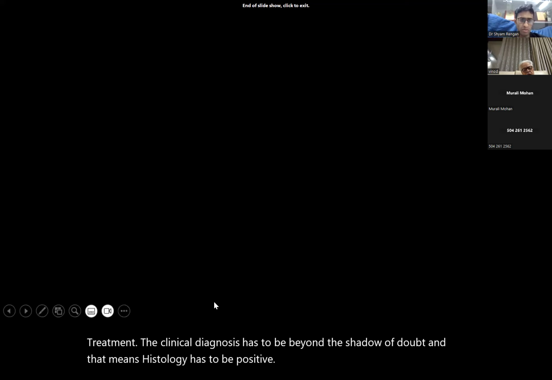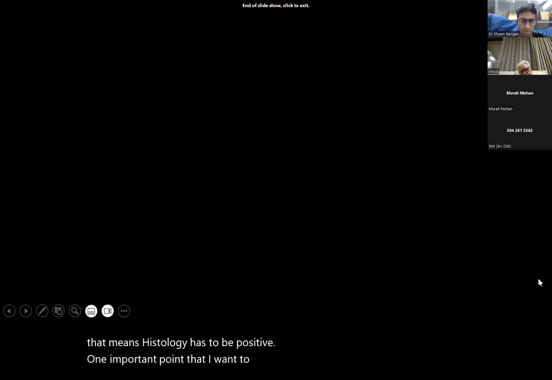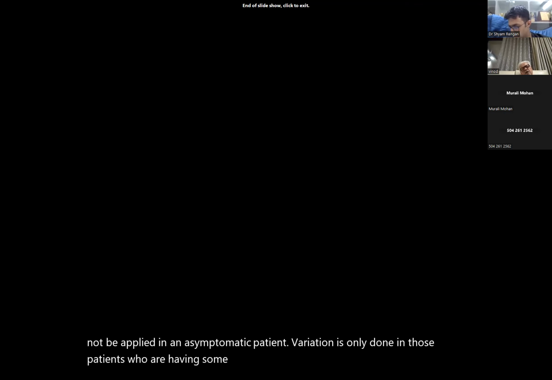Yes, sir. One important point that I want to mention here is that palliation should not be applied in an asymptomatic patient. Palliation is only done in those patients who are having some intractable symptoms which are affecting their quality of life, and some good modality exists to help that situation.